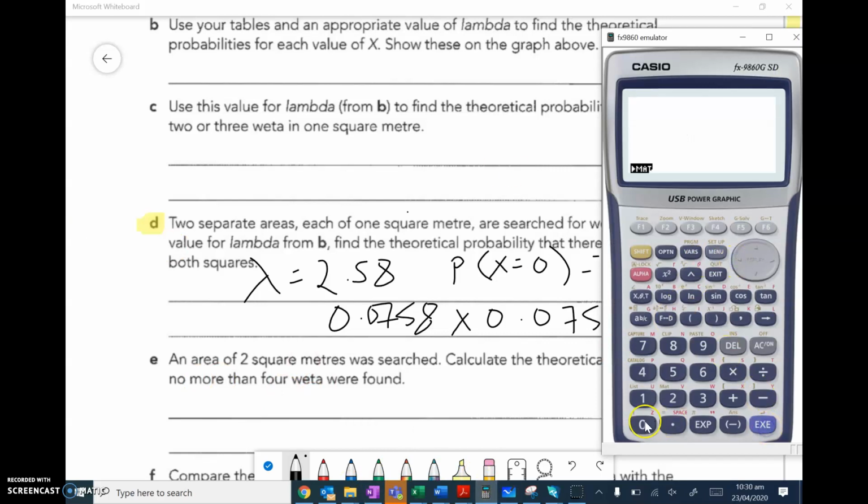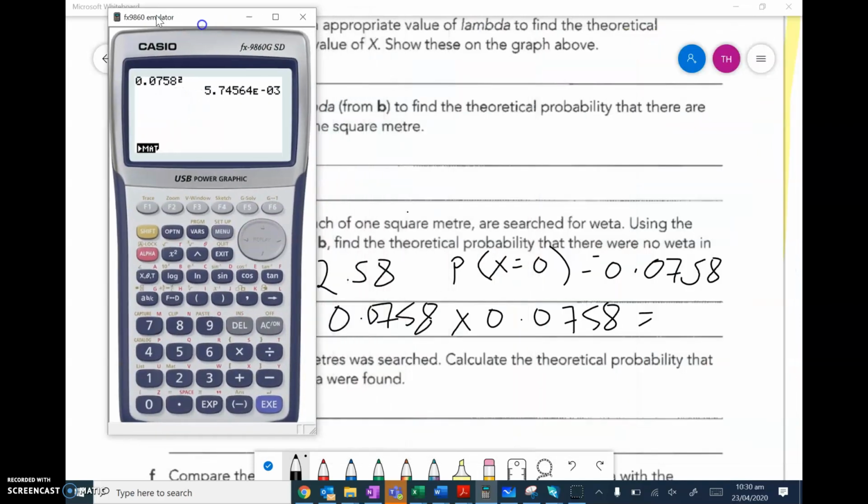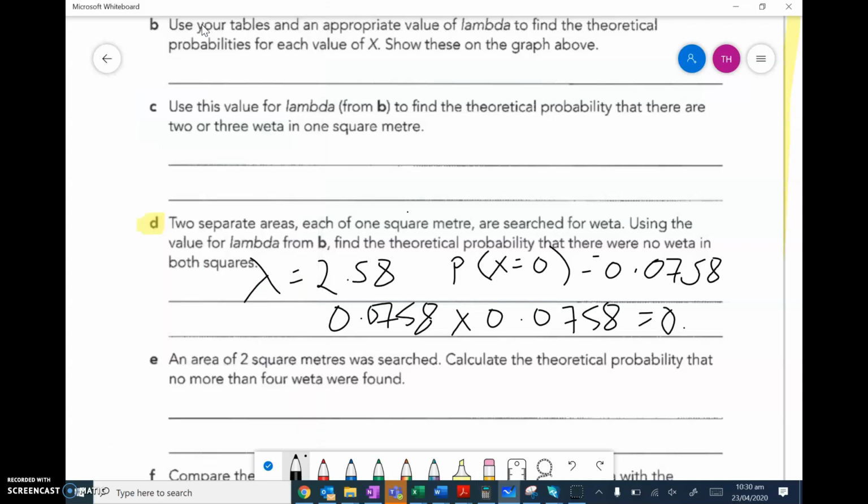So 0.0758 squared equals, okay, back to some standard form. So this means it is 2 zeros after my decimal point because it's -3, so it's 2 zeros, so 575. So 0.00575. My answer is slightly different to the one in the book, and this is because I have a slightly different lambda than that was used.